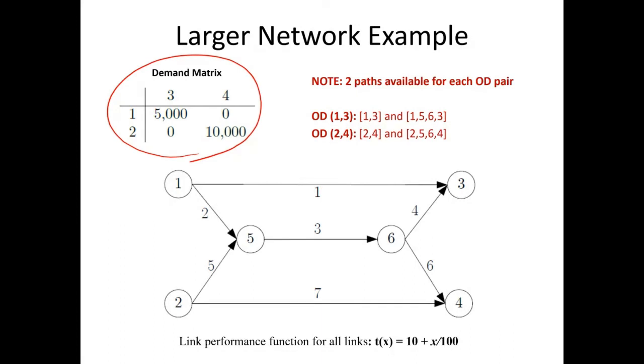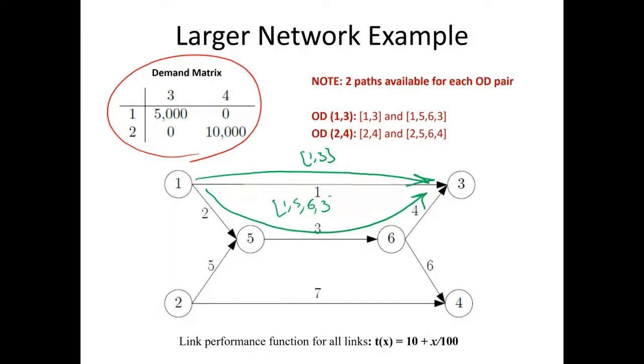And we can see for going from 1 to 3, there are 2 possible paths. So let me choose a different color maybe. There is one path here, so let's call that path 1, 3. And there's also another path here on the bottom, which is the second path, which is 1, 5, 6, 3.